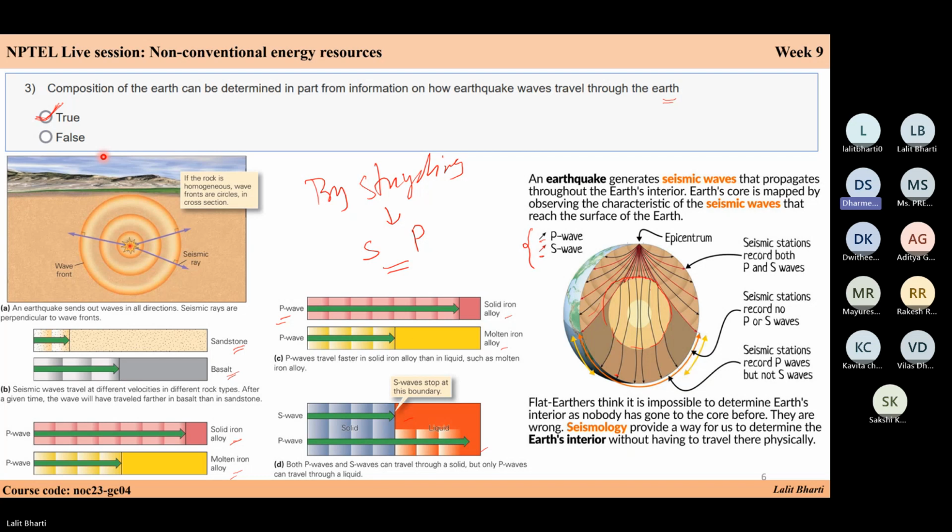Yes, sir, but as per the question format, the first option is correct. So it is slightly debatable, because this question is not very well stated. This type of question should not be given in the exams.